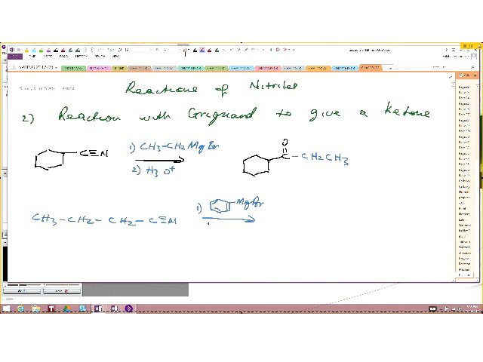Keep in mind you do step 1 and step 2, because if you add both the dilute acid and Grignard at the same time, the Grignard will react with the dilute acid, and then your Grignard will be destroyed. And there will be no reaction. That is not the reaction that you expect. Okay, so now you get this.